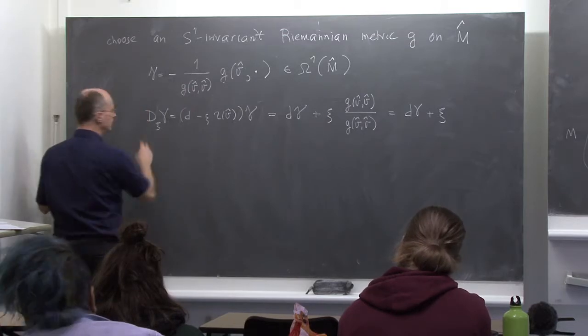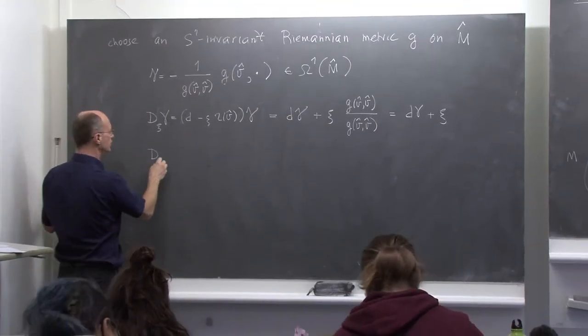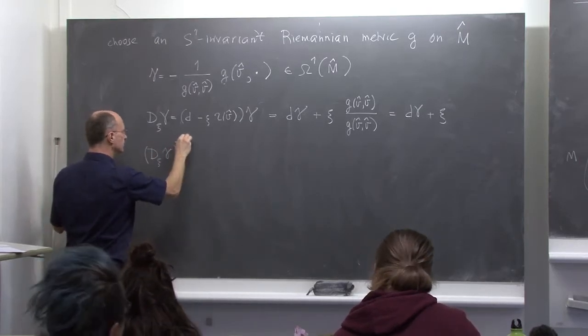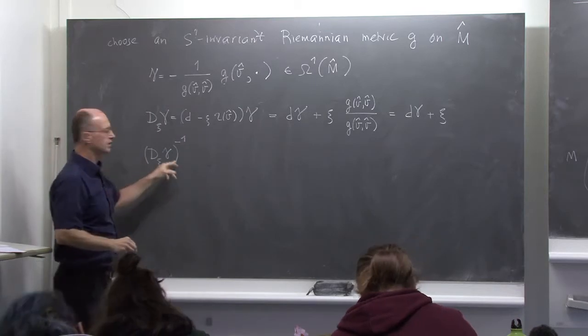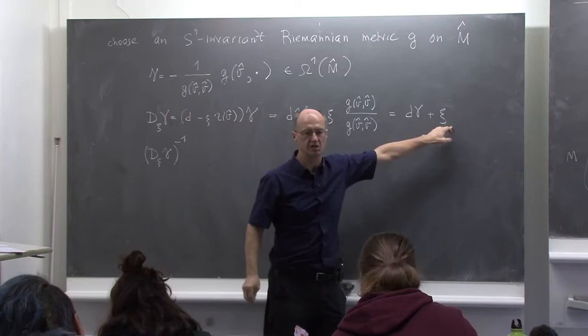Now let me make an even more radical step. Notice that I can now invert d_ψ γ, assuming that ψ is non-vanishing.